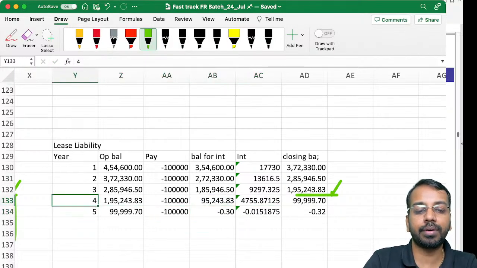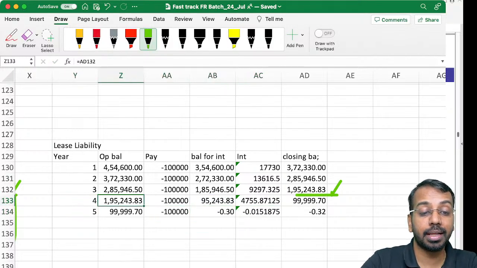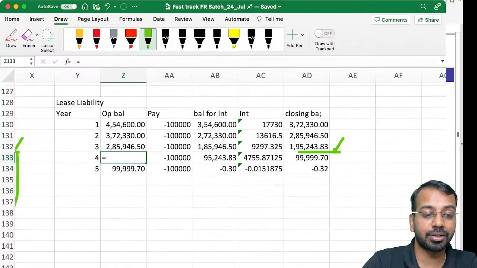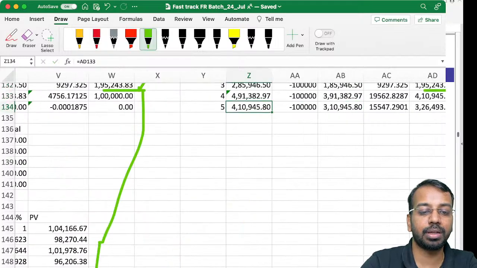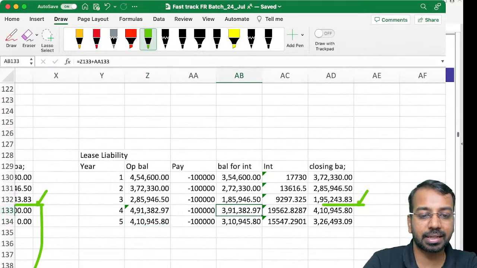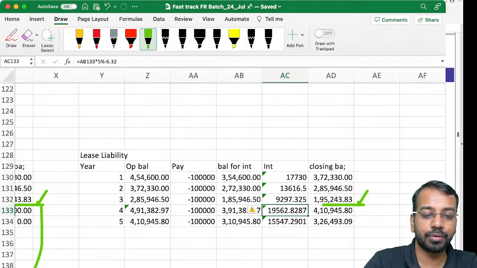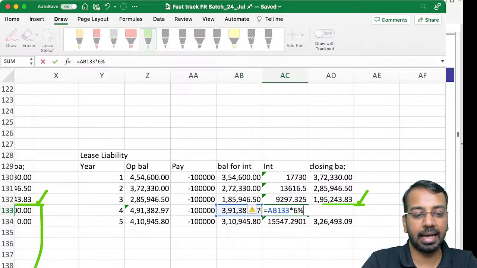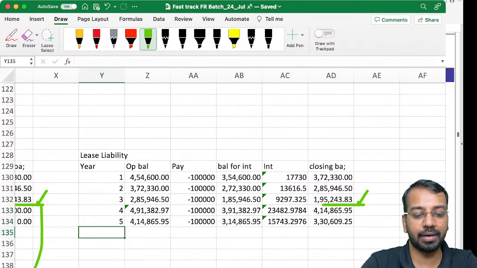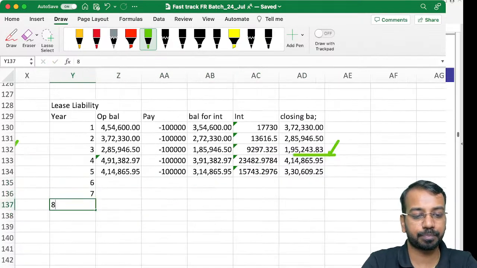Now in year 4, the liability has changed to 491,382. So we'll take 491,382 and update the interest rate to 6%. And like this you will calculate for years 5, 6, 7, 8 also.